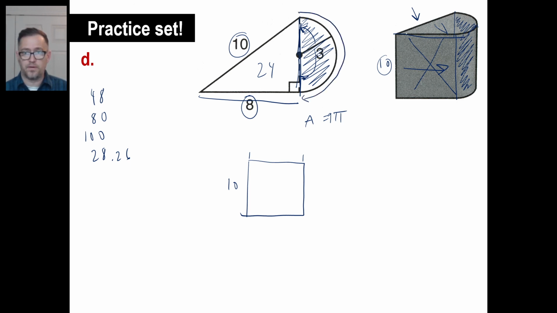The circumference is pi times the diameter, but we don't have a whole circle. We have half a circle. So it's going to be pi times the radius. Well, 3 times 3.14 is 9.42. And if you multiply that by 10, you're going to get 94.2. Boom. So there's how you figure it out.